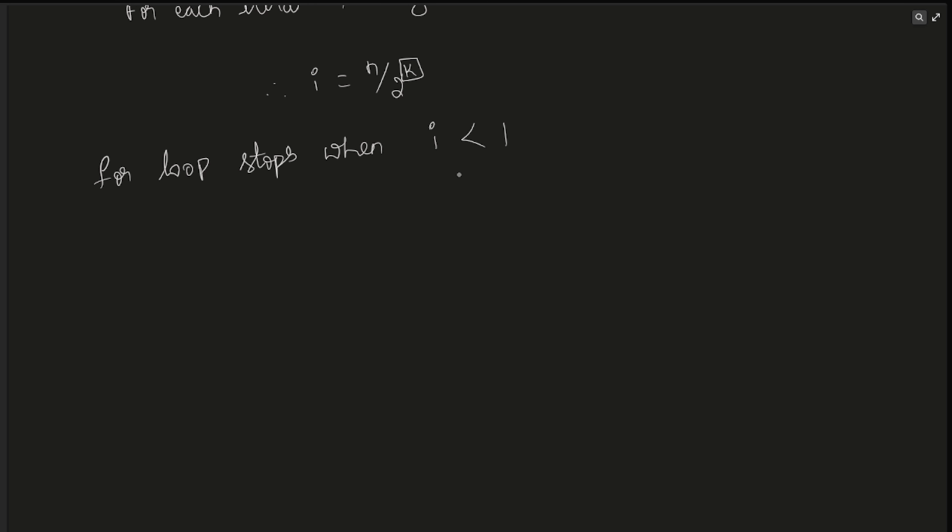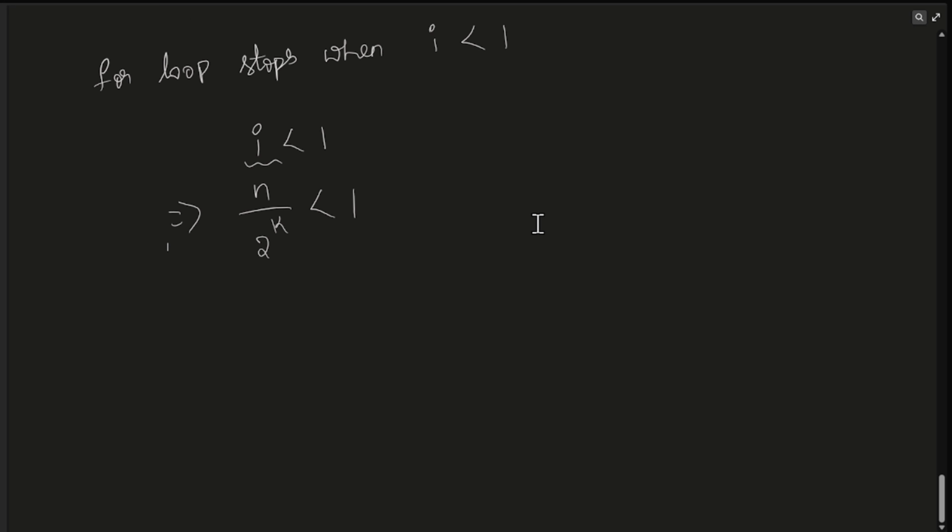We know the value of I, which is nothing but n by 2 to the power k. We'll substitute the value of I here: n by 2 to the power k is less than 1, and we can take 2 to the power k to this side, which becomes n less than 2 to the power k.